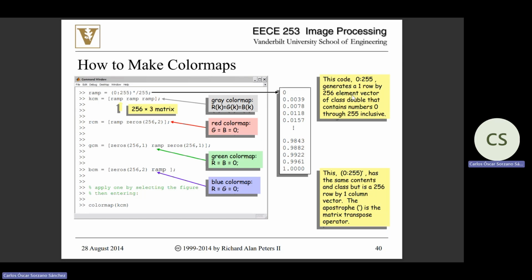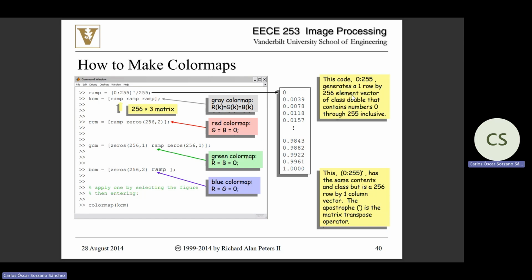So you see that it would be 0, 0, 0, 0.039, 0.039, 0.39. So the numbers will be repeated 3 times. Or I can have this rank and then 0, 0, or 0, the rank, and 0, or 0, 0, and the rank. Okay? So each one of them will be a different kind of color map.